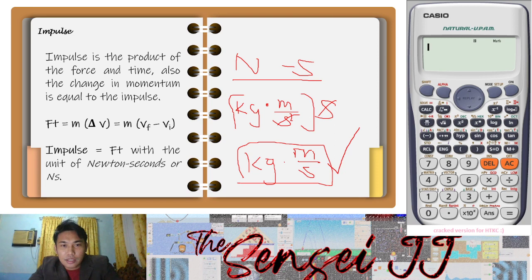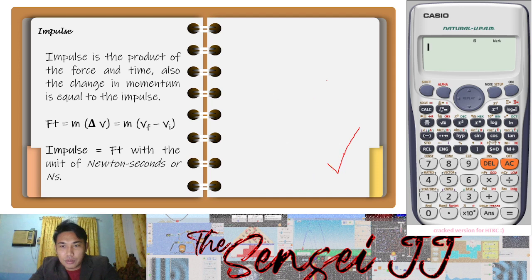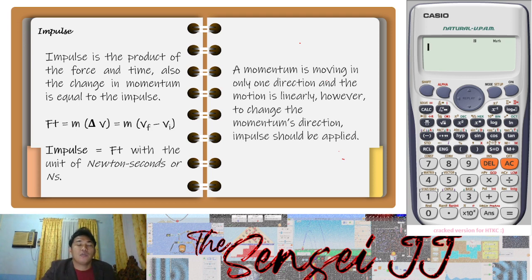Okay, so we can proceed to our next agenda, which is the impulse. The impulse applies when a momentum is moving in only one direction. And if you want to change the momentum or the direction of the object, impulse should be applied.